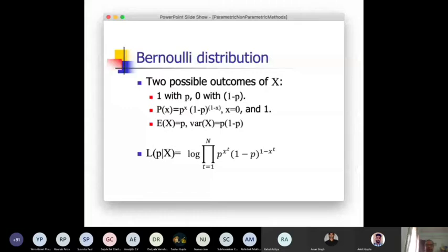Any doubt on this particular expression, the log likelihood expression? Given the parameter p, we can write this expression for the occurrence of the data, which is a sequence, a set of samples, from first to nth, and each one is expressed as a random variable x superscript t, right?